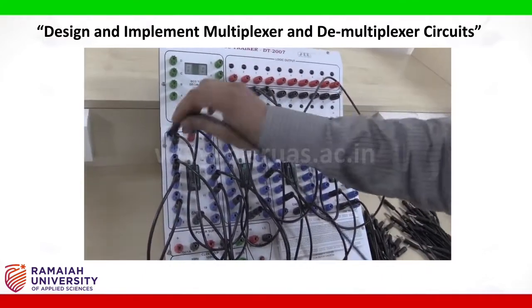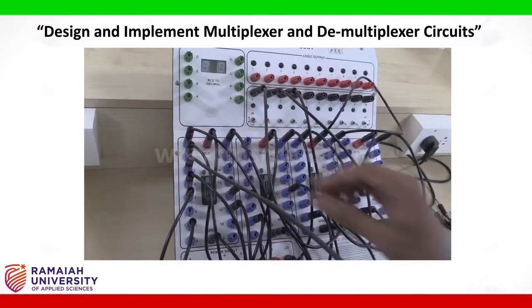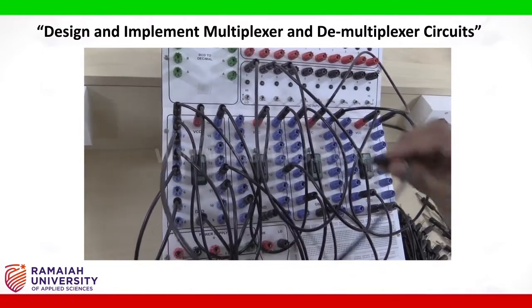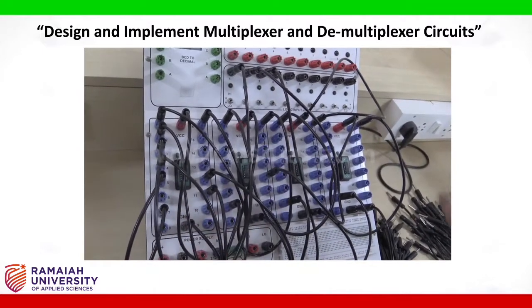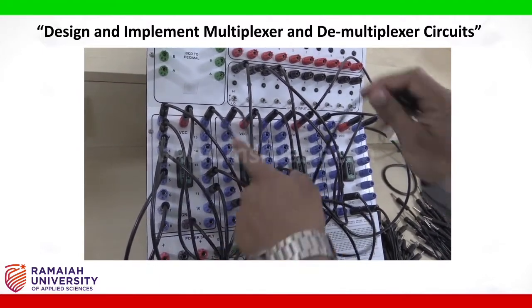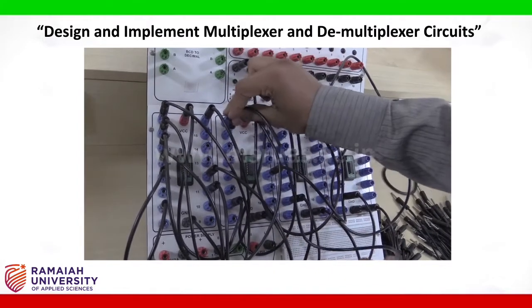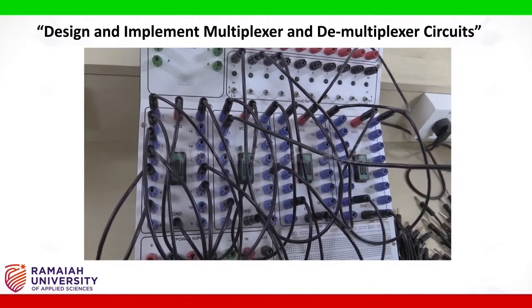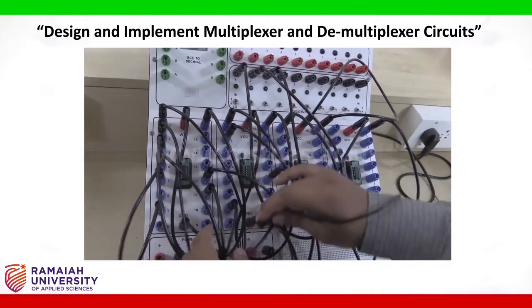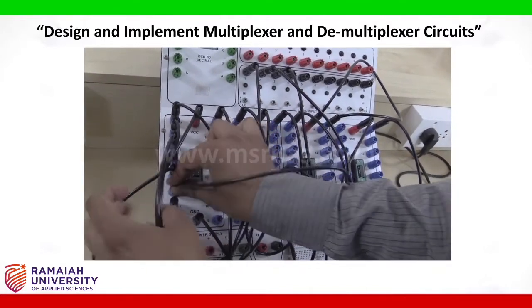Pin number 3 of the 2 input NAND gate is connected to pin number 1 of the 4 input NAND gate. Pin number 2 of the 4 input NAND gate is connected to pin number 6 of the 2 input NAND gate.